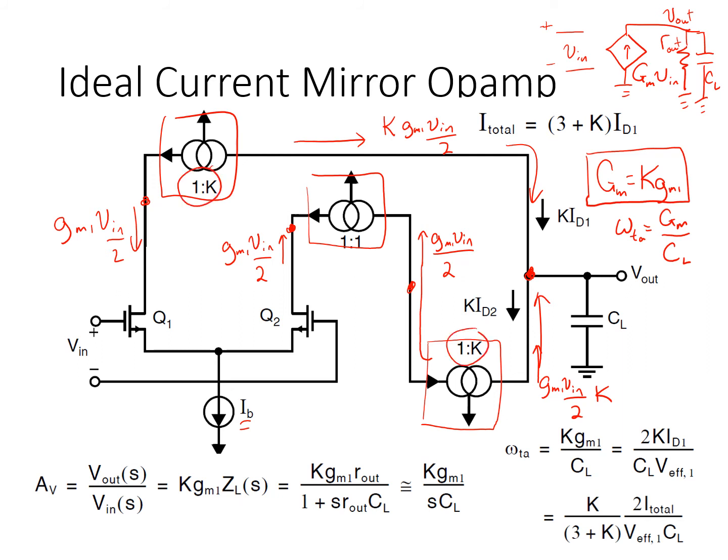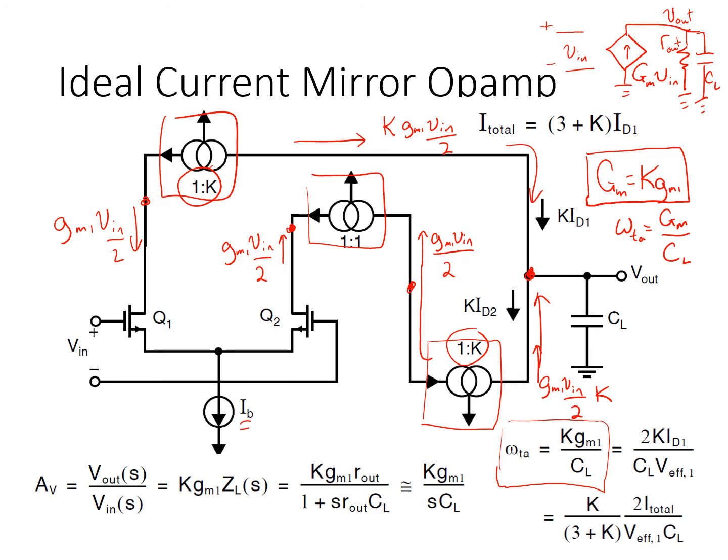So in effect, it's an extra degree of freedom we have in setting the transconductance of this amplifier, and it shows up in the unity gain frequency expression. With the folded cascode, if we wanted to increase the unity gain frequency for a fixed load cap, all we could do is try to increase the input transconductance gm1 as much as we could. Here, instead, we can increase the current mirror ratio K.